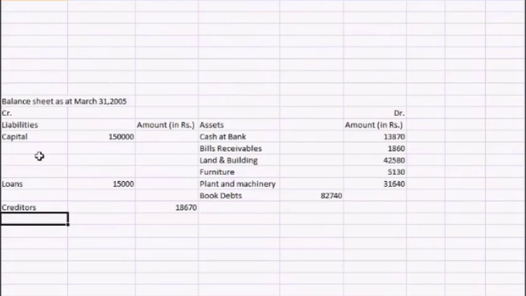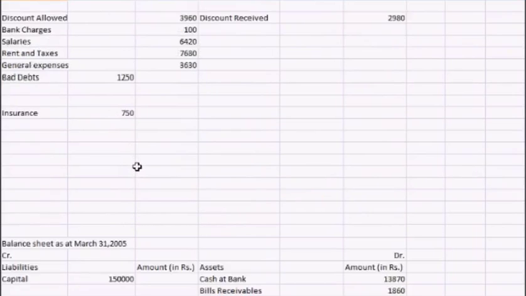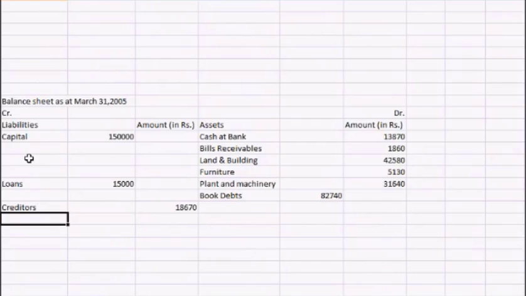Now what we need to do is to make the adjustment, so we'll start with the capital part. What we have here for the capital is we'll have to add net profit. For that we have to calculate the net profit first, so we'll keep this open.